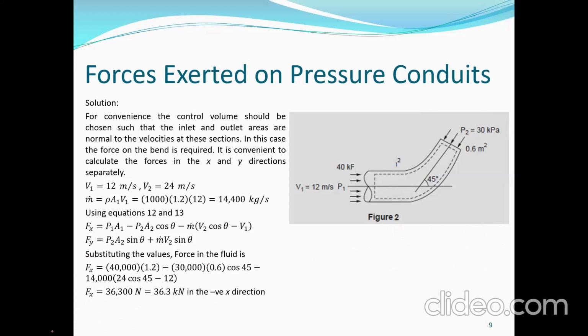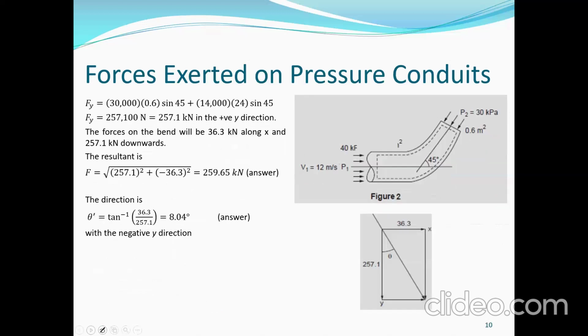Yan, sinabi ko na kanina. Then Fy is equal to 30,000 times 0.6 times sine of 45 plus 14,000 times 24 times sine of 45. So Fy is equal to 257,100 or 257.1 kilonewton in the positive y direction. So vertical upward.